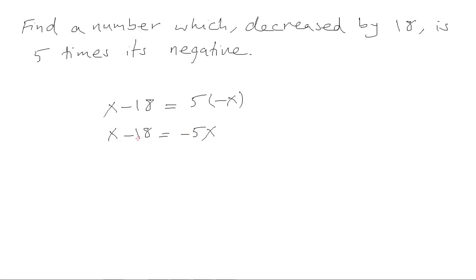So moving 18 to the right and negative 5x to the left, I have x plus 5x equals 18. So 6x equals 18. Dividing both sides by 6, I get x equals 3, and that is my final answer.